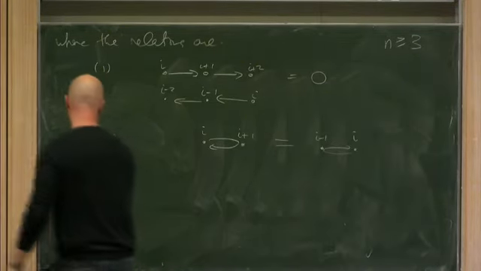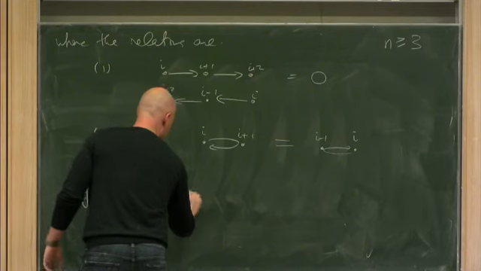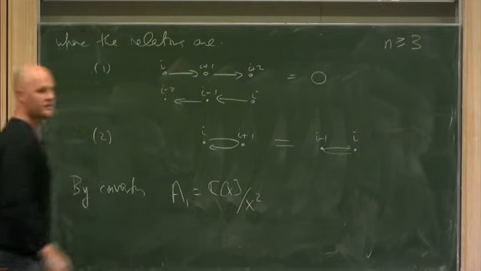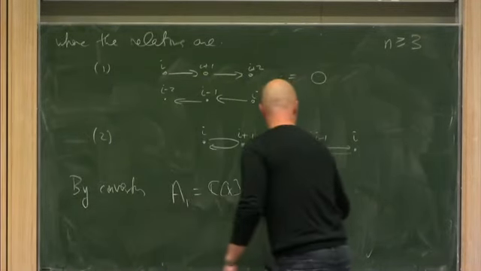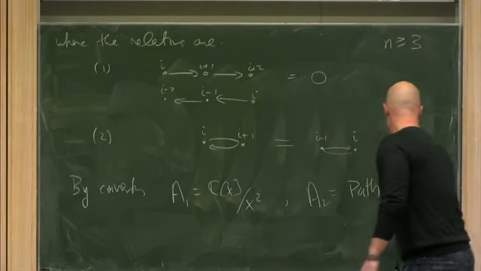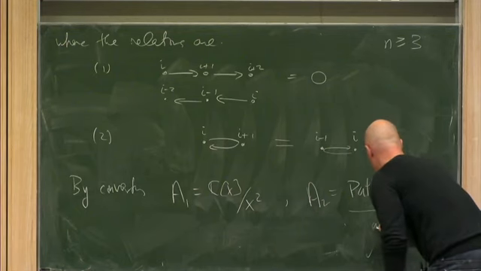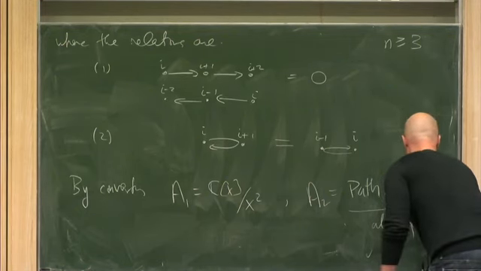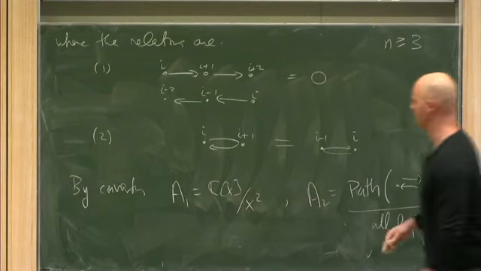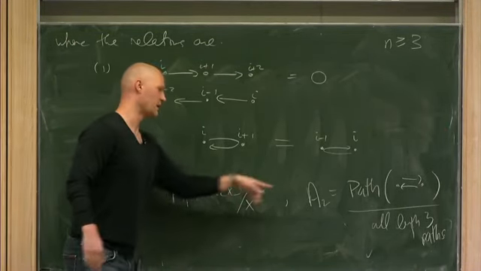So by convention, A1 is just the algebra C[x] mod x squared, and A2 is the path algebra of this guy, and you just kill all length 3 paths. Anyway, don't worry about that too much. Every statement I make about the algebras A_n will hold for A1 and A2 with these definitions.